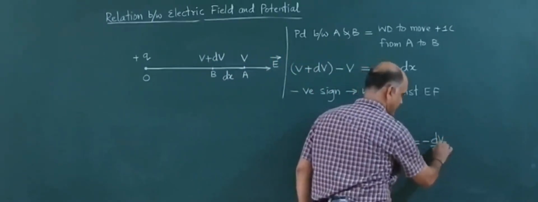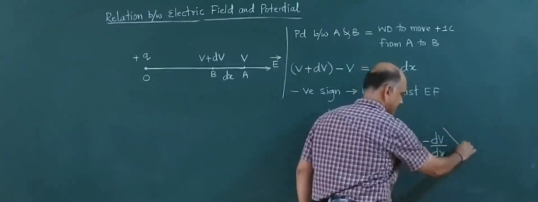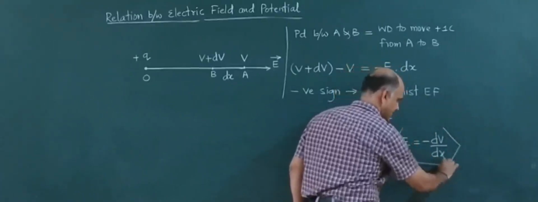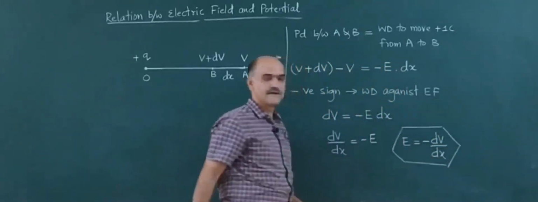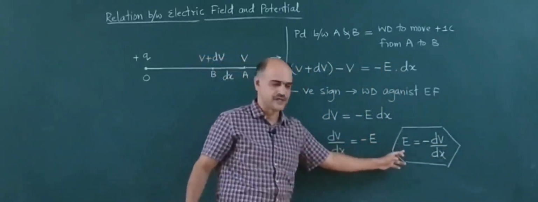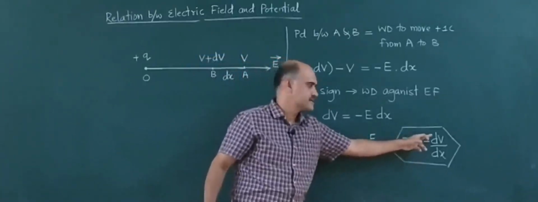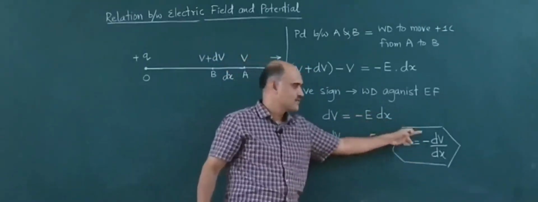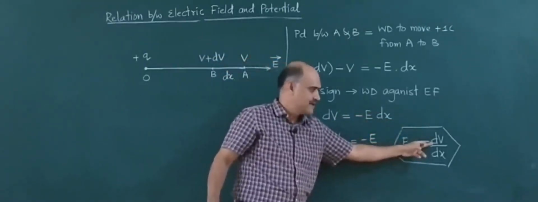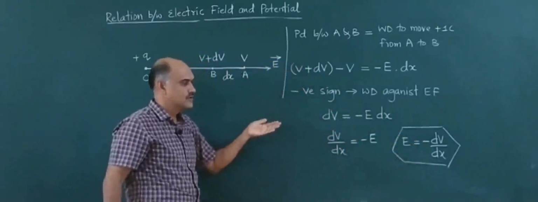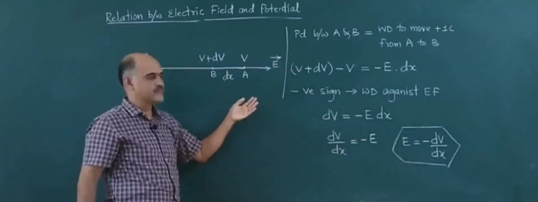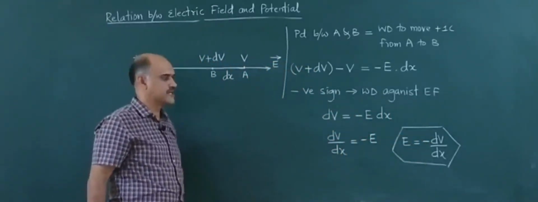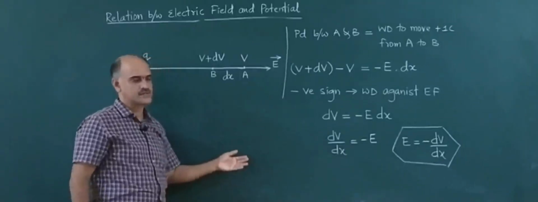So this is the relation between electric field and potential. E is equal to minus dV by dx, where E is electric field and V is potential. dV by dx is called potential gradient. Clear, students? Okay.